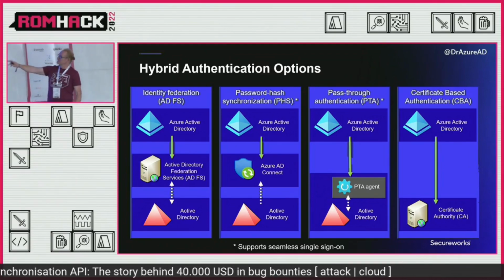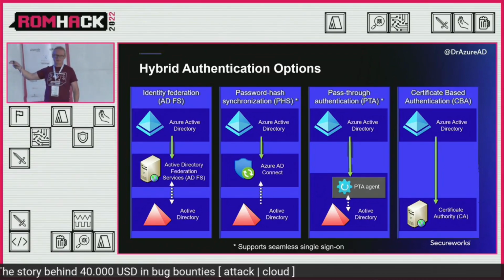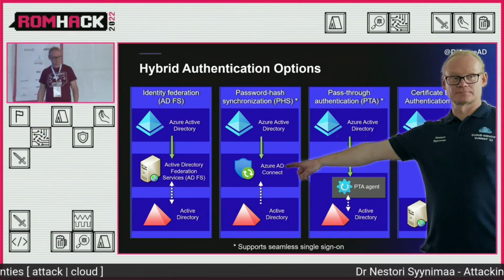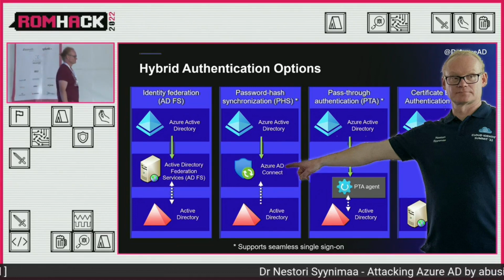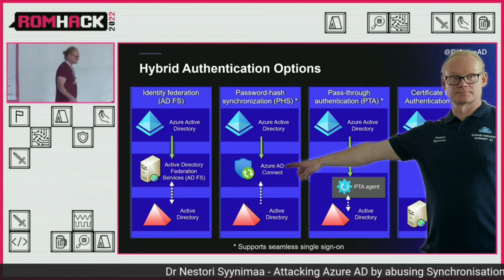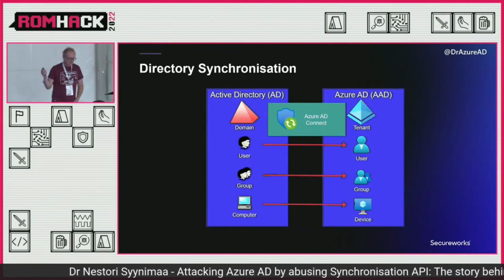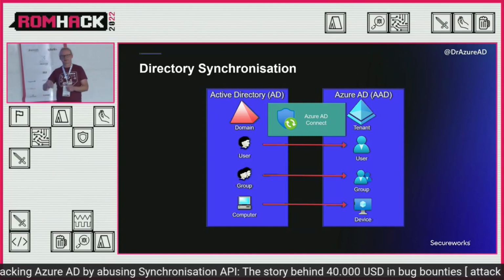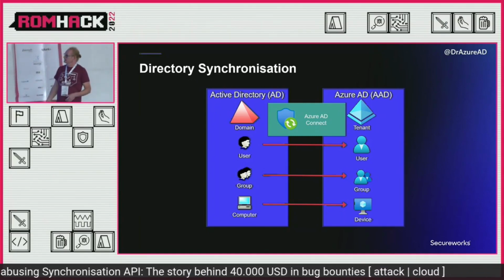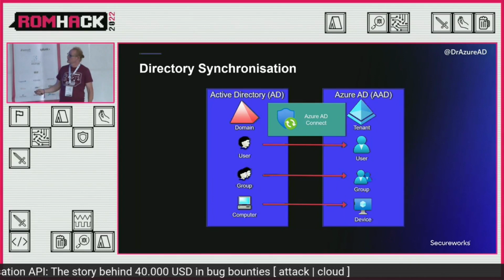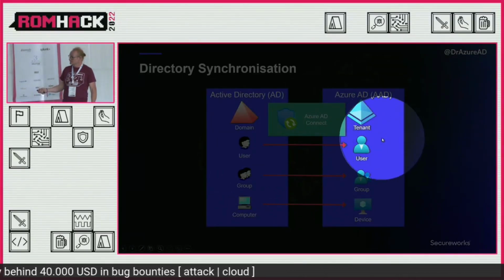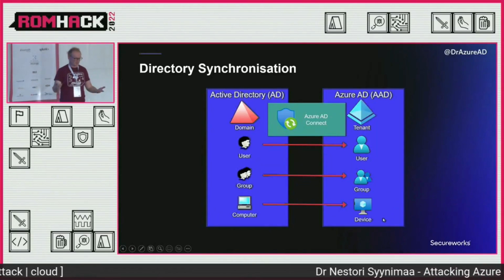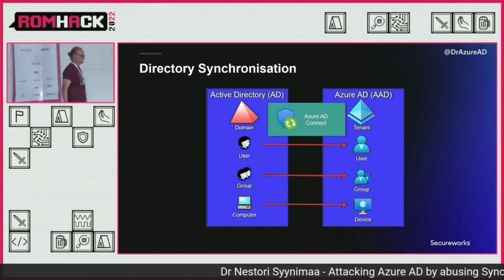You have different authentication options, but every single one of these uses directory synchronization. What it does, the only purpose of that is to keep your on-prem AD synchronized to Azure AD. So you have users synchronized, groups synchronized, and then your devices are synchronized if you want to. You don't have to, but that's usually how it goes.